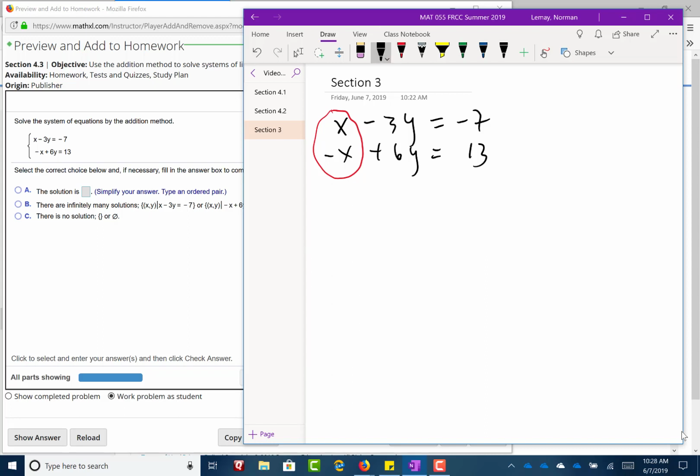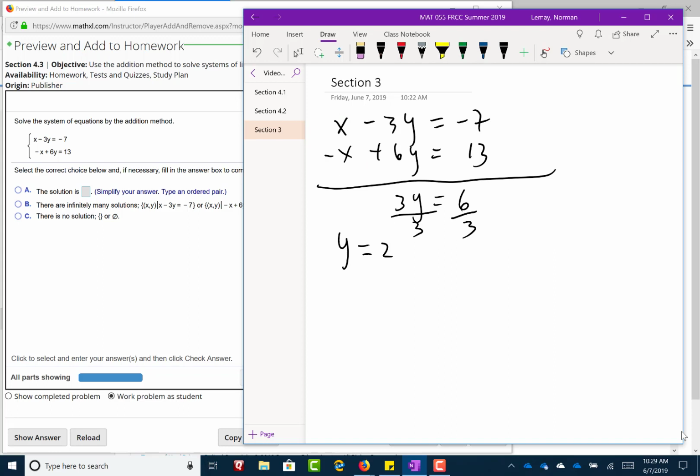If I add straight down, x minus x becomes 0x, and negative 3y plus 6y reduces down to 3y equals, and basically 13 minus 7 is 6. Now if I solve for y, dividing by 3, I get y equals 2. So I have a y candidate of 2.